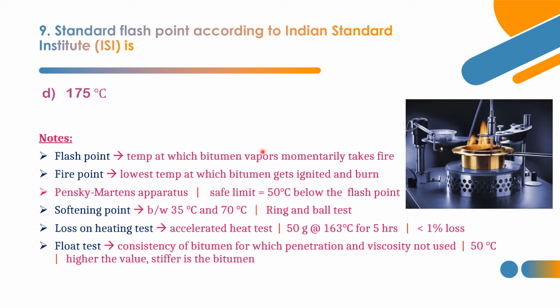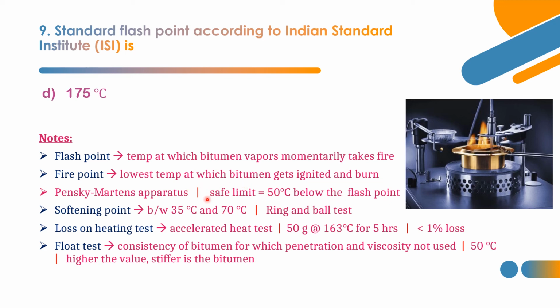So if that vapor takes fire for some moment, say for 1 second or 2 seconds, that temperature shall be called the flash point. And what is fire point? When the bitumen catches fire and burns, what is that lowest temperature? That is the fire point. And the safe limit shall be 50 degrees Celsius below the flash point.